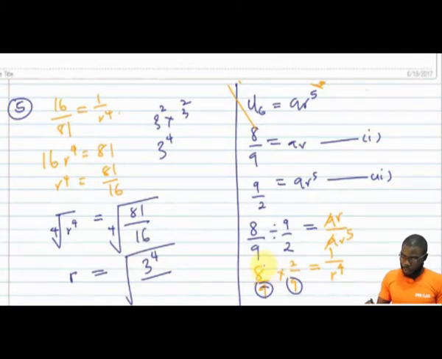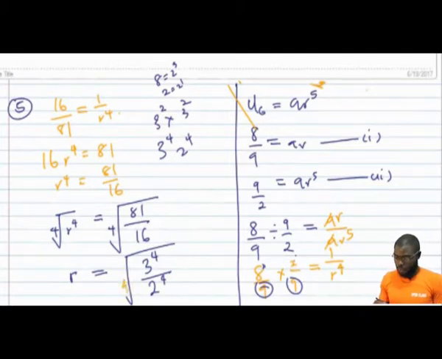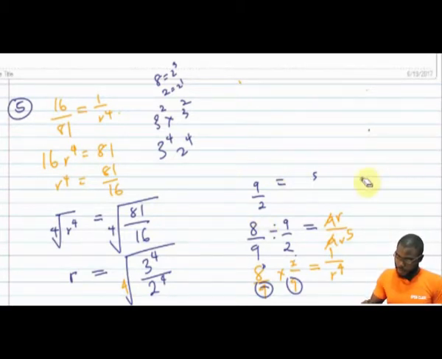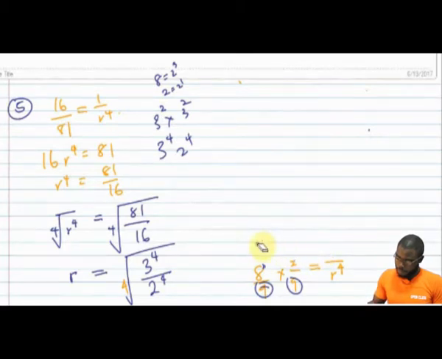Remember that this 8 is 2 raised to the power of 3, and then the 2 is 2 raised to the power of 1. So if you do your multiplications, you have that to be equal to 2 raised to the power of 4, all with a root of 4.